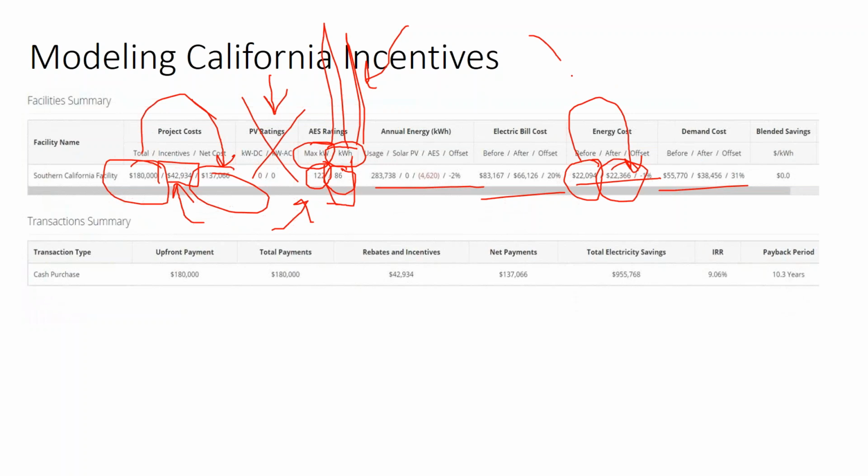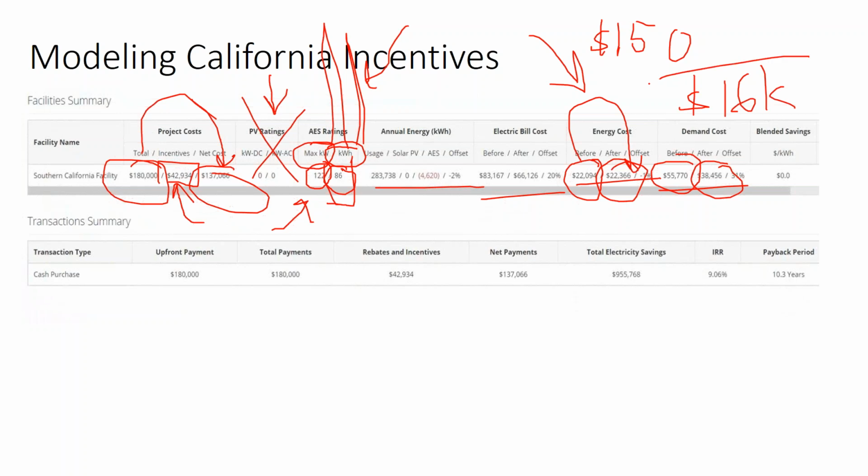So it does cost us some money to charge the batteries, about $150. And then the demand charges go from $56,000 to $38,000. So we save about $16,000 in demand savings.